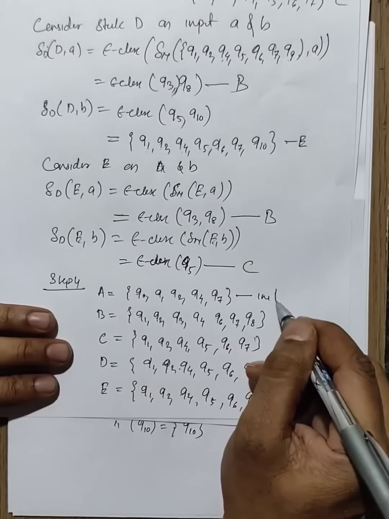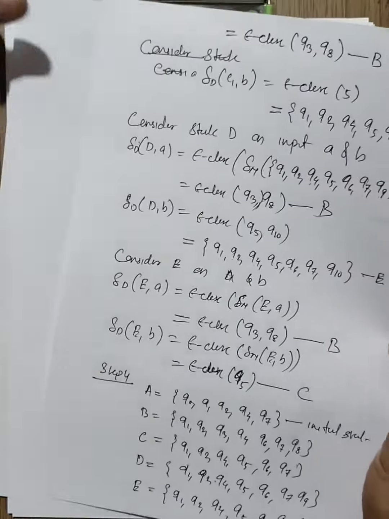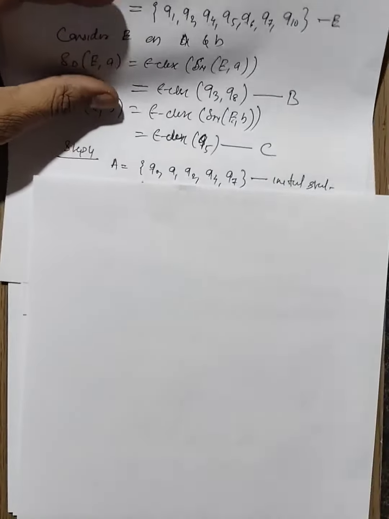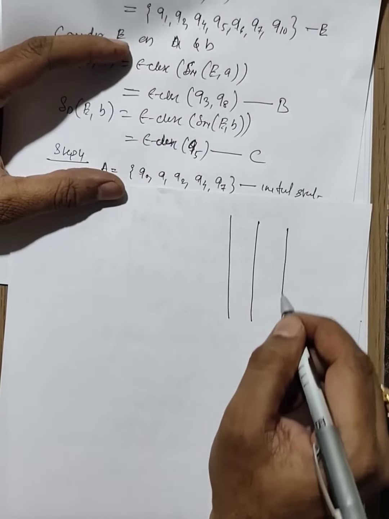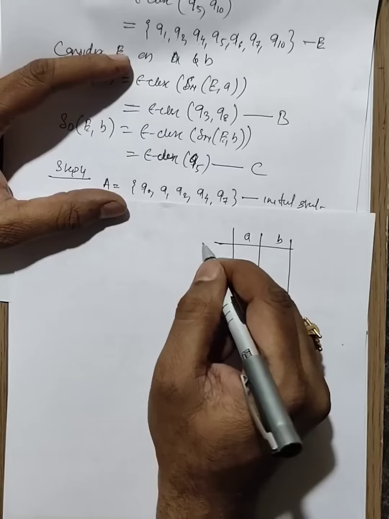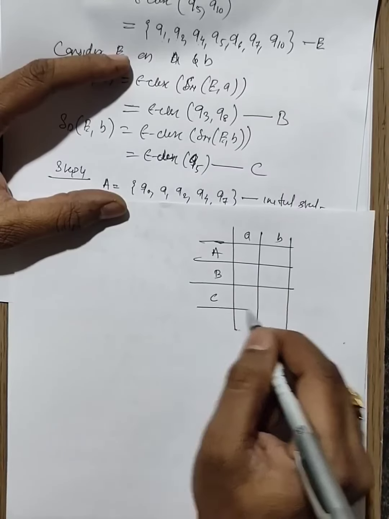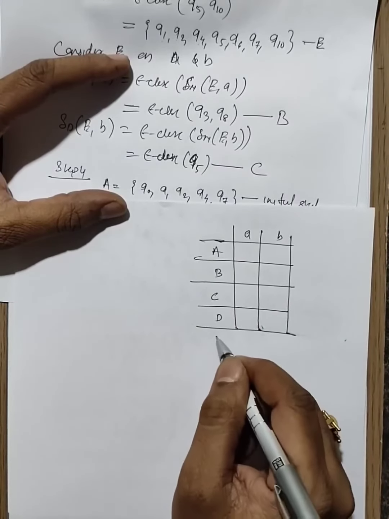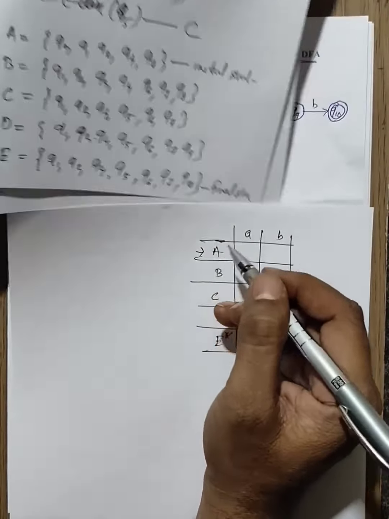Once we know initial state and final state, then we can construct the transition table. Input symbols A and B, total number of states A, B, C, D, then E is the final state and A is the initial state.